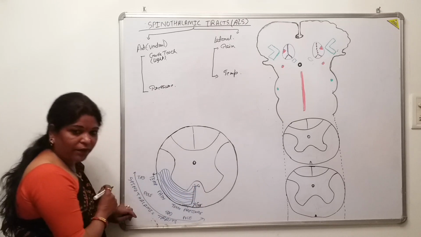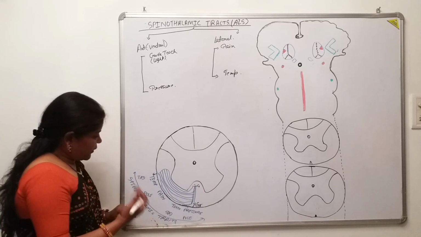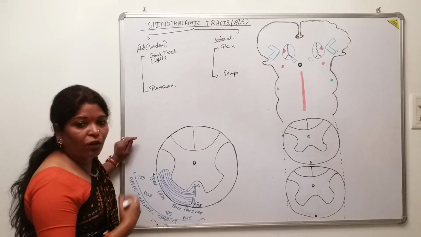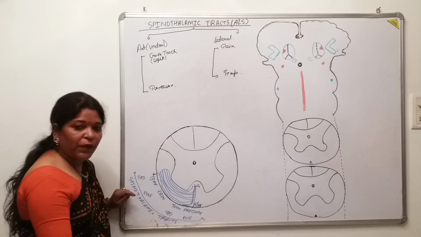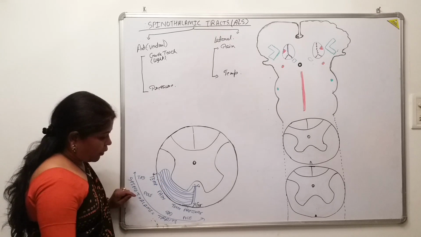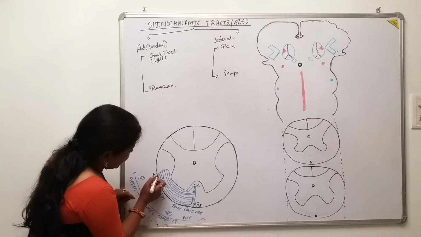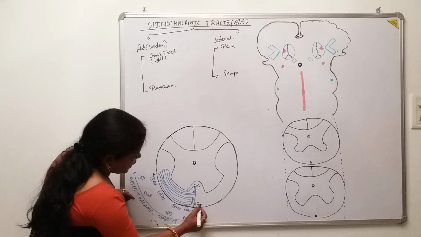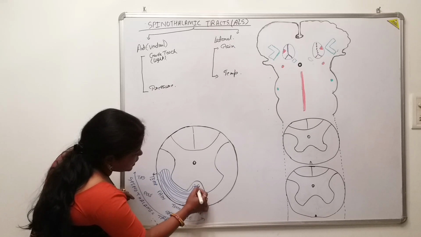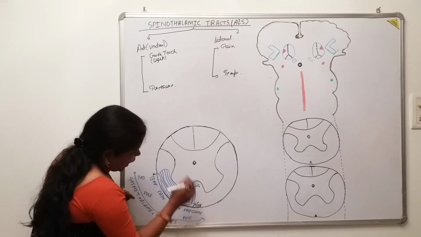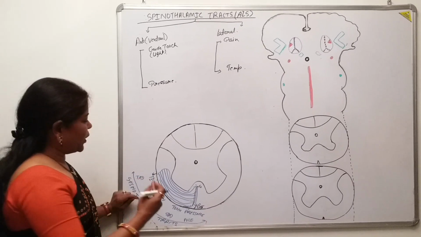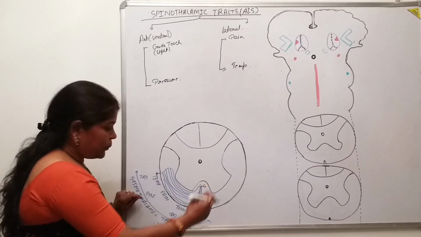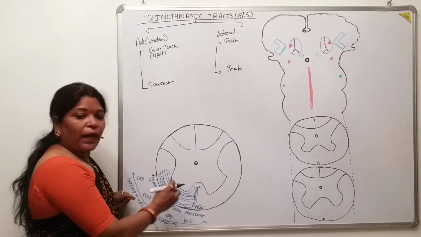When we consider the arrangement of the fibers from below upwards, the fibers coming from the sacral region or the lower limbs will be placed superficially. That means they will proceed towards the center, and the fibers coming from the upper part of the body will gradually add on the medial side of this anterolateral system.